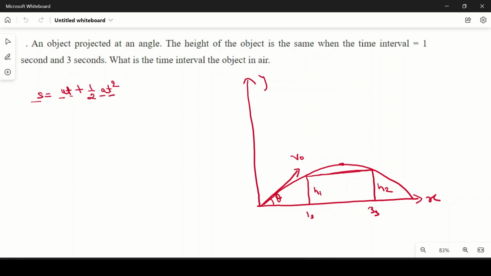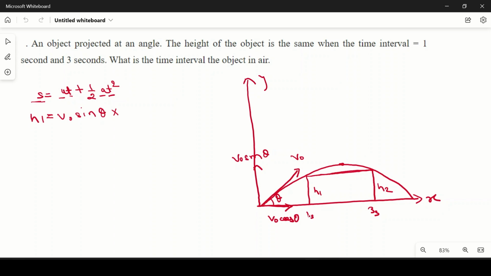So v naught can be divided into two components, v naught cos theta and v naught sin theta, the vertical component. So in the vertical direction the height is given, so h1. In case of s we can write h1 is equal to u, the initial velocity, which is v naught sin theta, into t1.